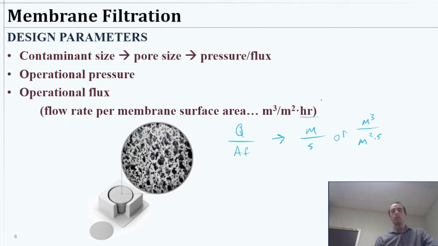We could use hours, whatever time. Flux is how much volume goes through some given surface area over some time. So that means the surface area is pretty important, right? If we want to expand our membrane operation, we simply need more membrane surface area, and that will expand our production. Operational pressure, we will often use what we would call transmembrane pressure.